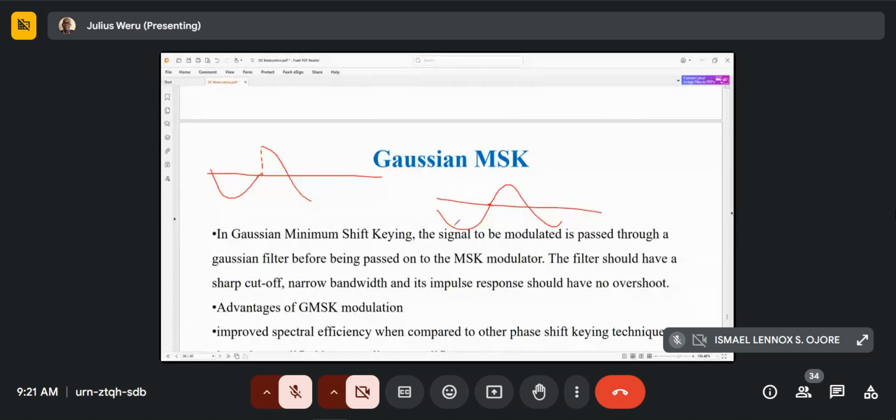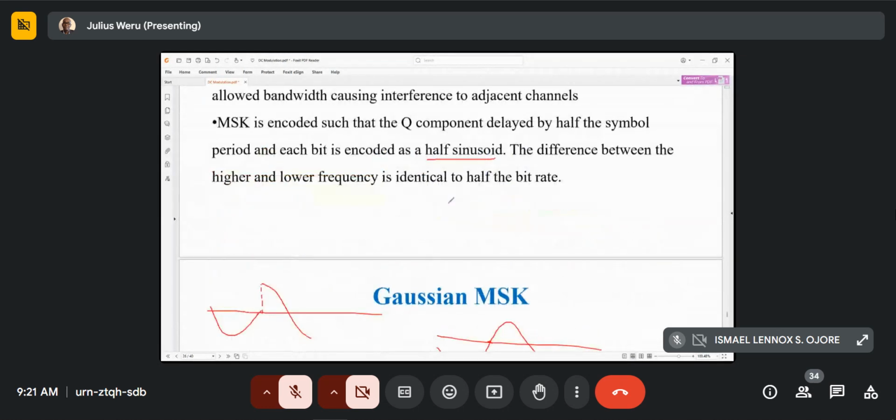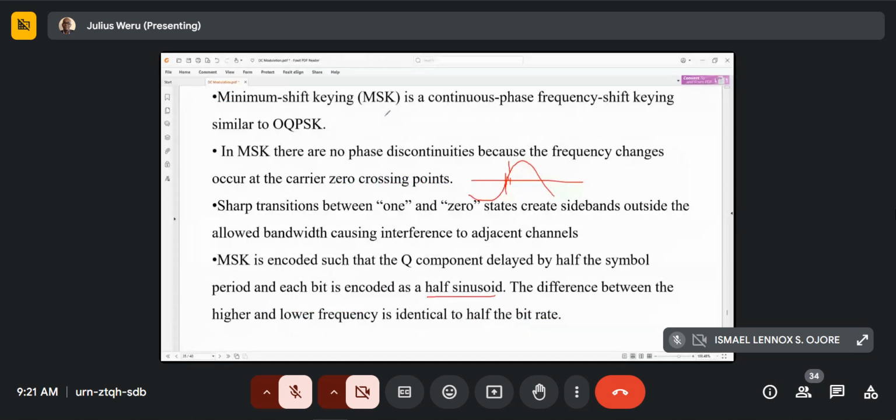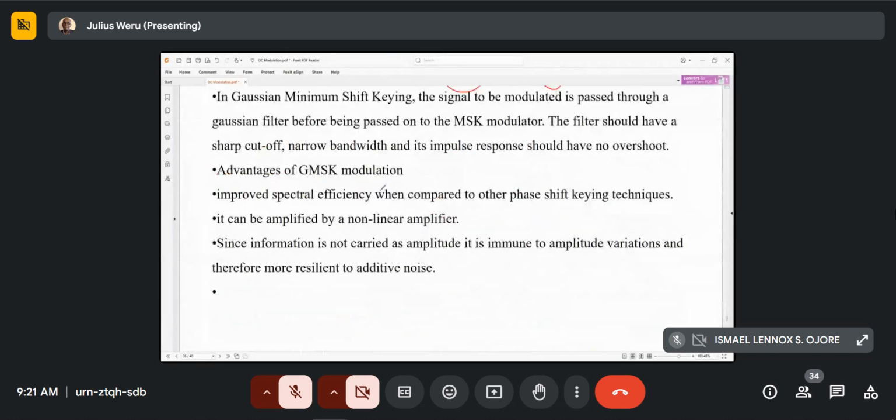But in GSM, the Gaussian MSK was what was being used. It simply means that before you take your signal to the MSK modulator, you first use a Gaussian filter with a sharp cutoff.